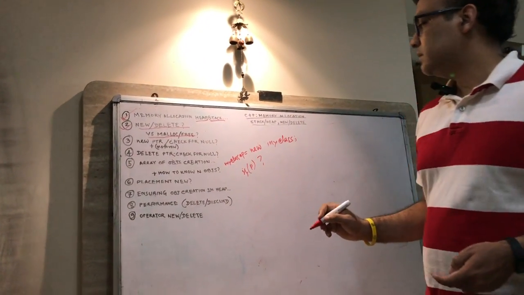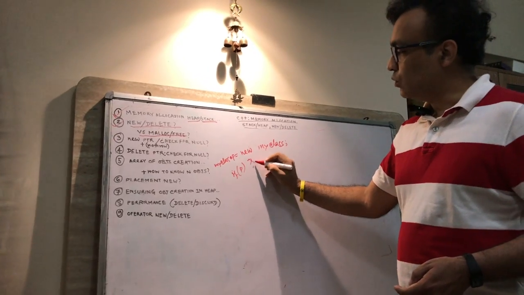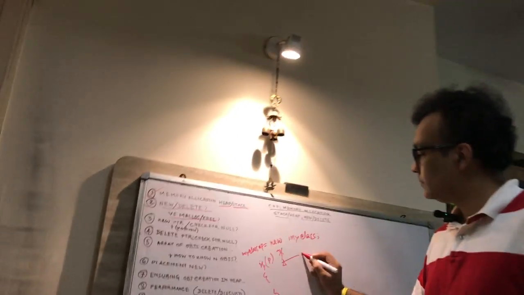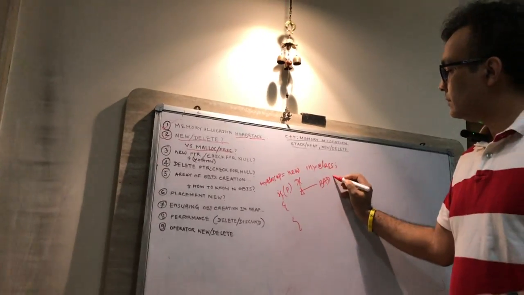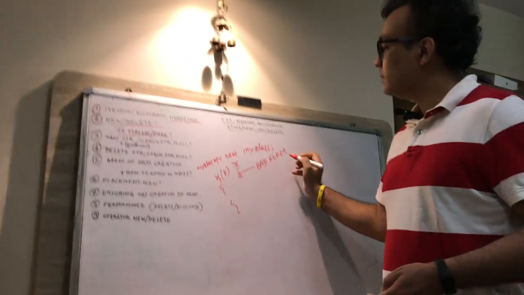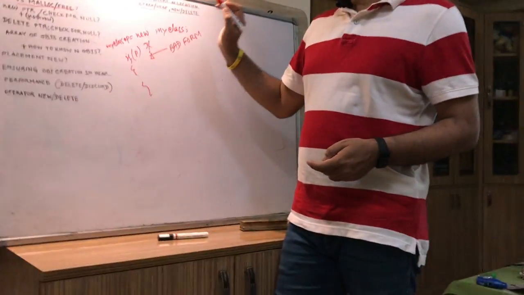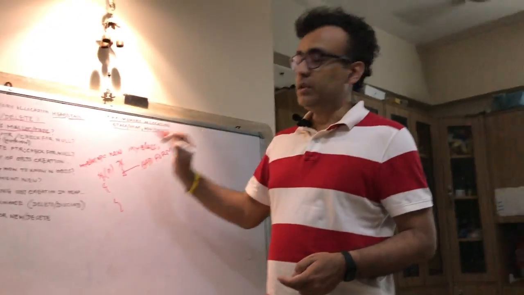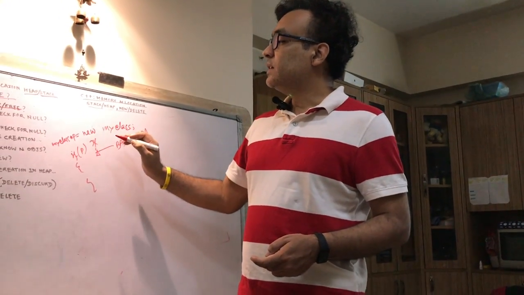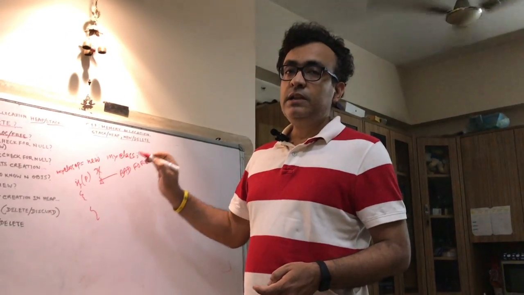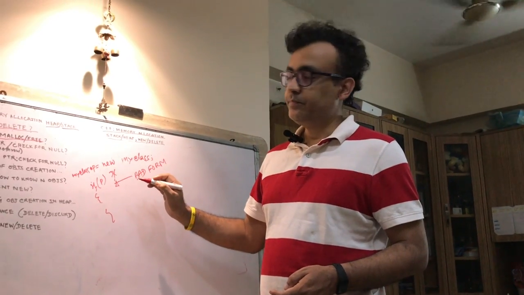Do we need to check that? The answer is no. This is a bad form. New guarantees that it will always return non-null memory. Even if there is some shortage of memory, it will throw an exception.